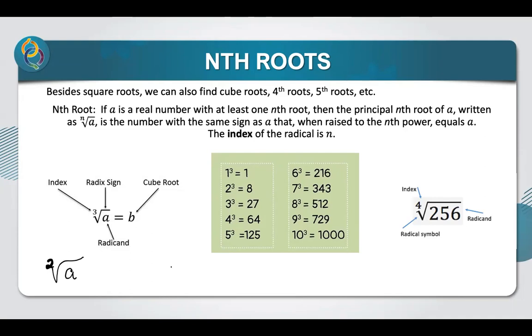What number will you multiply by itself 4 times and get 256? Think of a number that you multiply 4 times by itself to get 256.